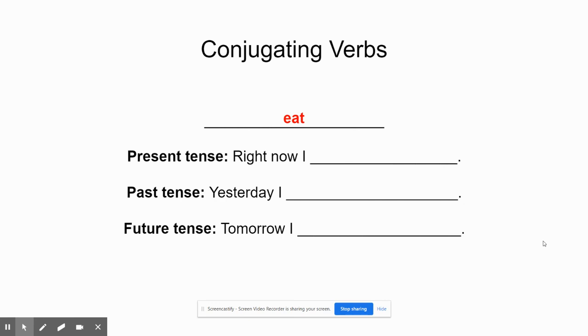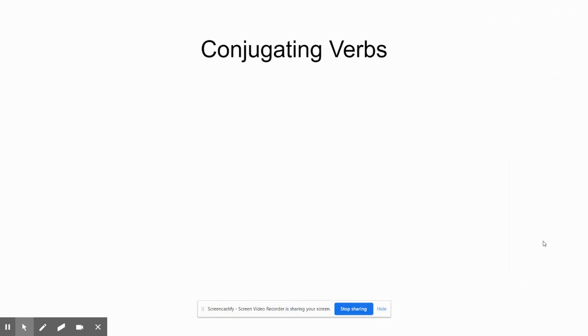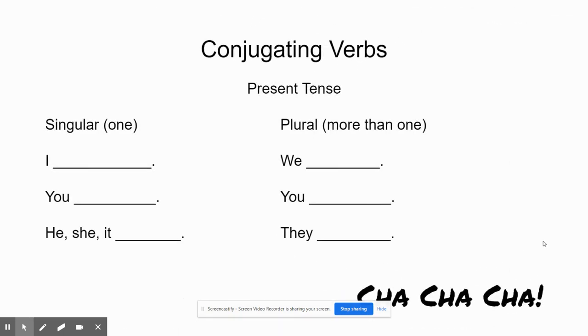So in the present tense, we would say, right now I eat. In past tense, we would say, yesterday I ate. And for future tense, we would say, tomorrow I will eat. So scholars, we're going to try conjugating the verb eat using this model.